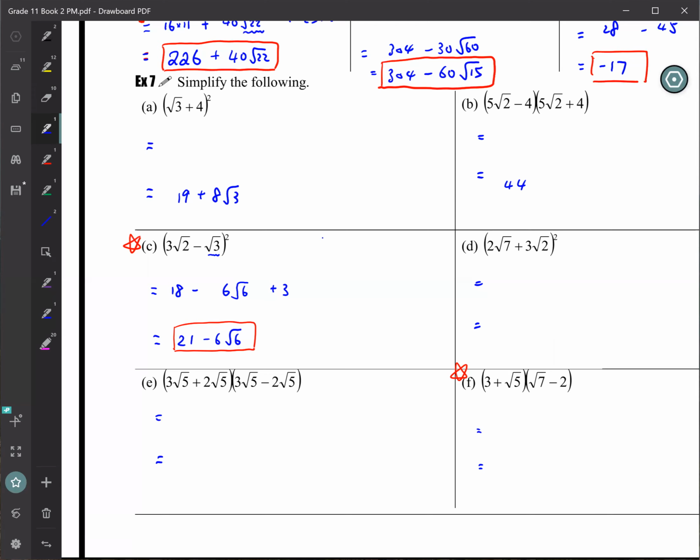Angela, what's your answer for E? I got 25. 5, okay. And Chris, question F. I got 3 root 7 minus 12 root 35 minus 2 root 5.